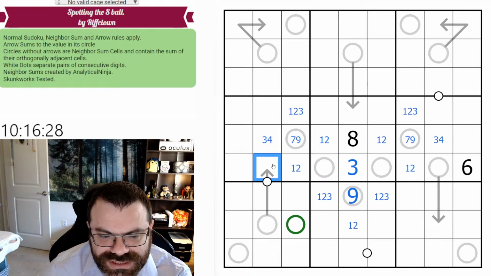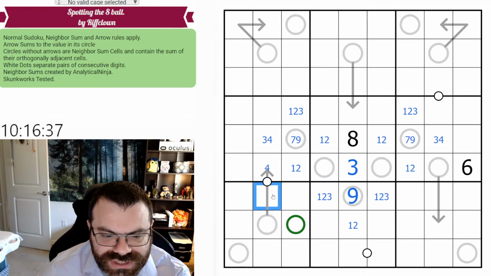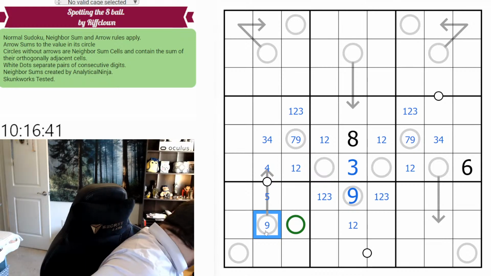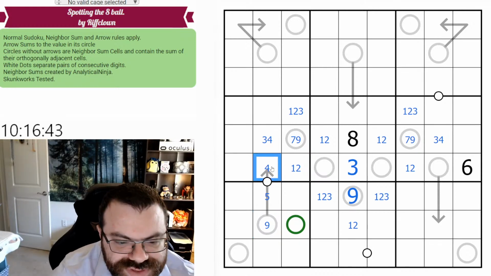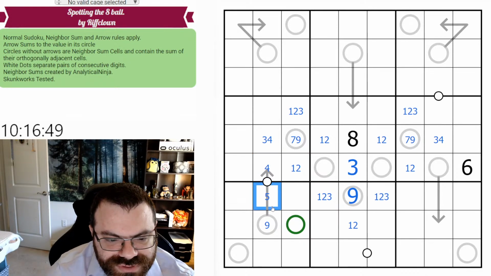Yeah, so this has to be 4 or higher, and it's consecutive with this one. So if this was a 4, this would have to be 5, 9. And if this could be a 5, or it could be 3, no, it can't be 4, 3, that's the point, because that breaks this cell.